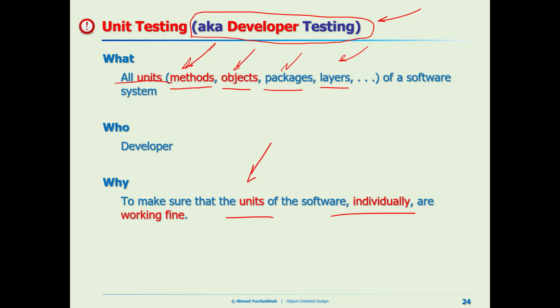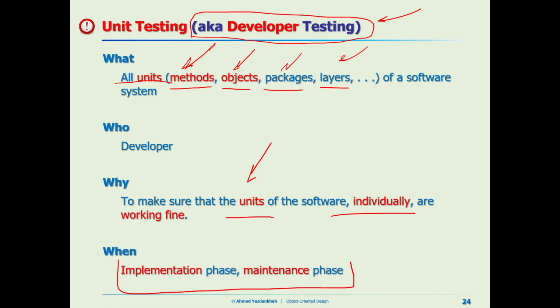When does this testing happen? We can do it in two different phases. First of all, in the implementation, when you are creating a class or method or whatever, right? And also in the maintenance phase.